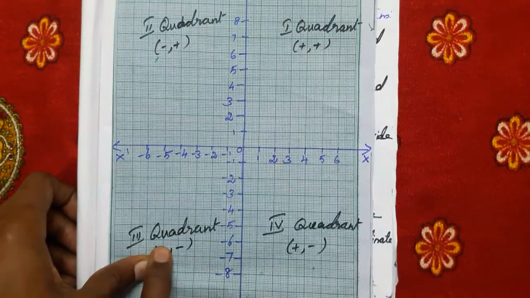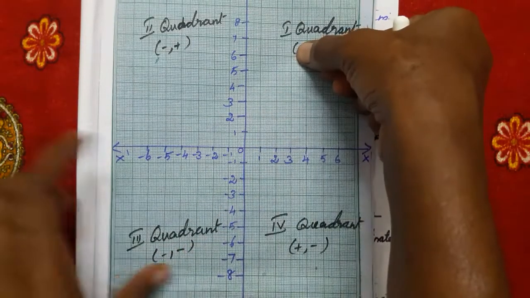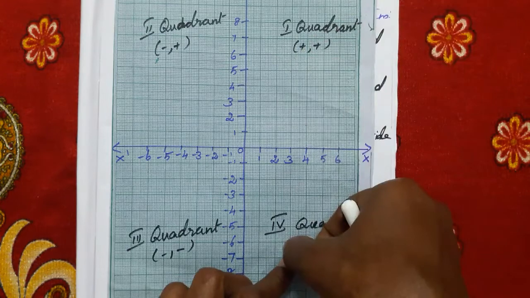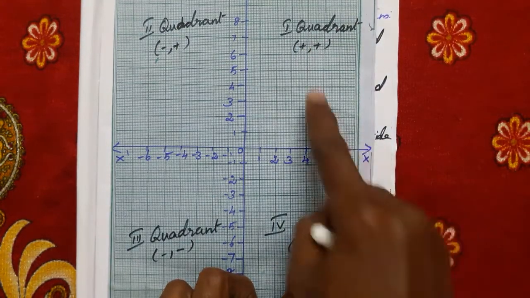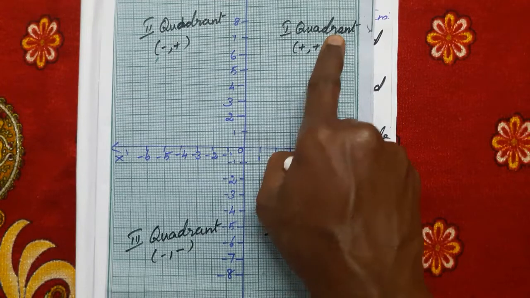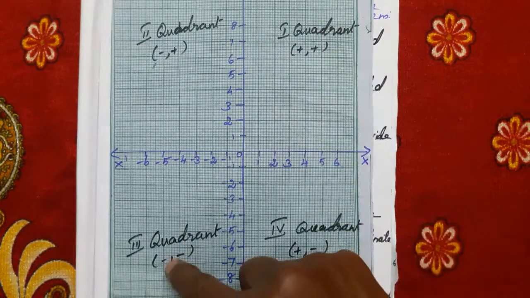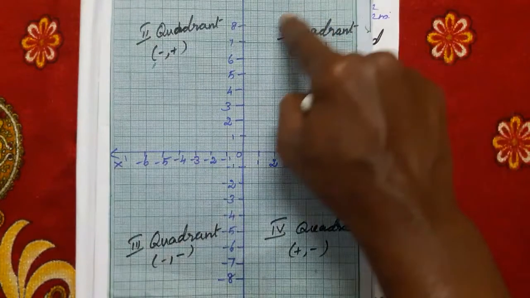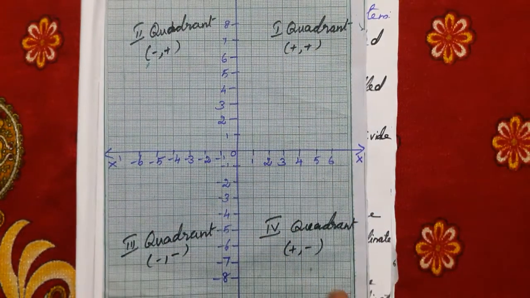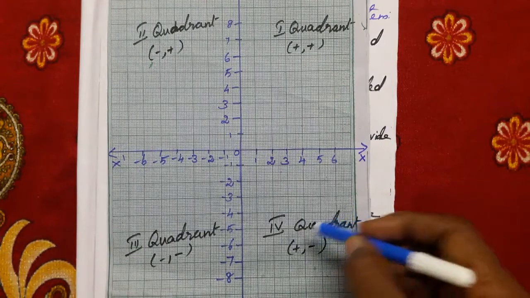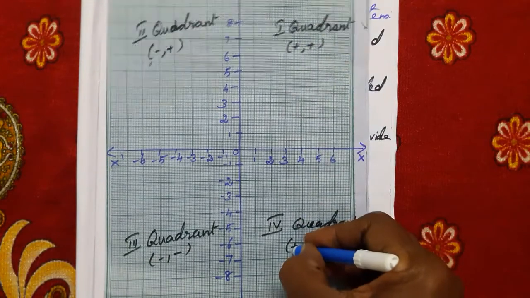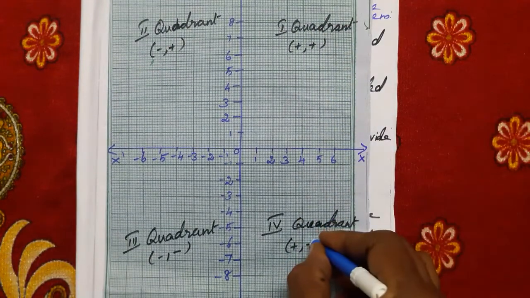Positive, negative. First quadrant, both positive. Third quadrant, both negative. Next, fourth quadrant. Here first positive, positive. Write it. Next negative. Clear?